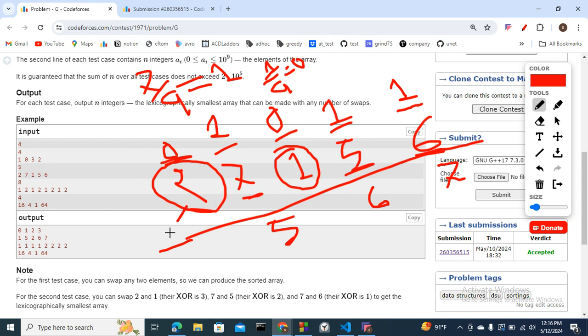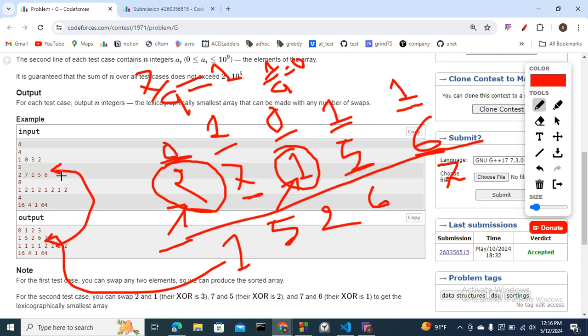If I sort the group number 0 portion, I get 1 and 2. So this is the answer for this particular array. So what we are doing is first grouping the elements, then sorting them, and then printing the final array.